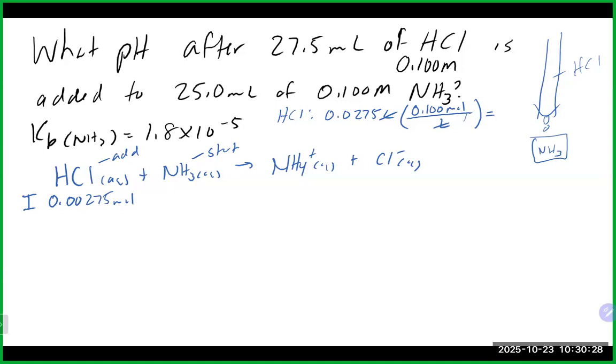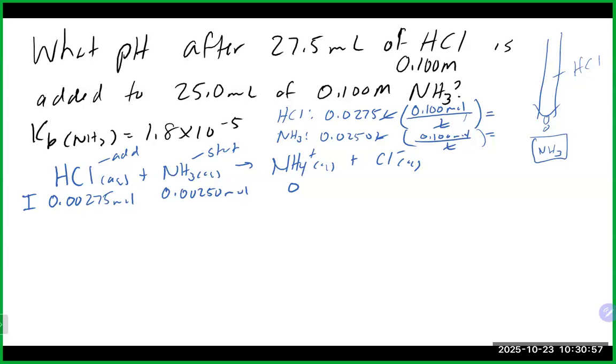We'll do the same calculation for our NH3: 0.025 liters times 0.1 moles per liter gets us 0.00250 moles. Any questions so far on that?